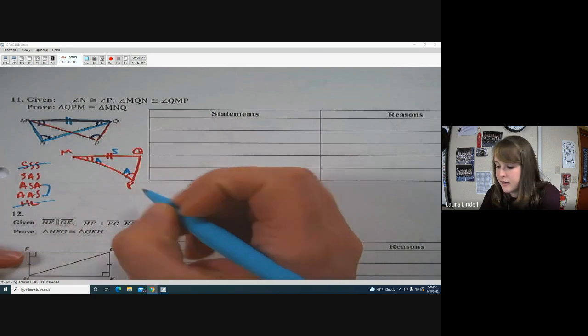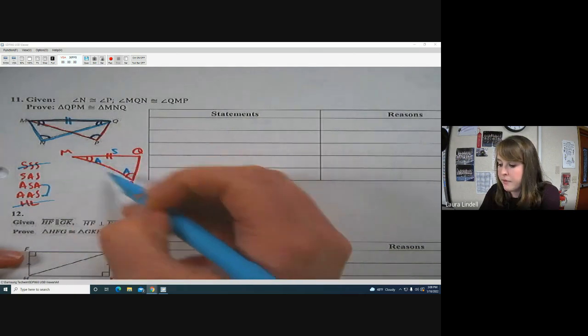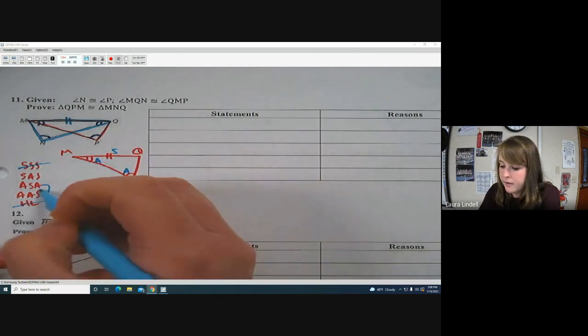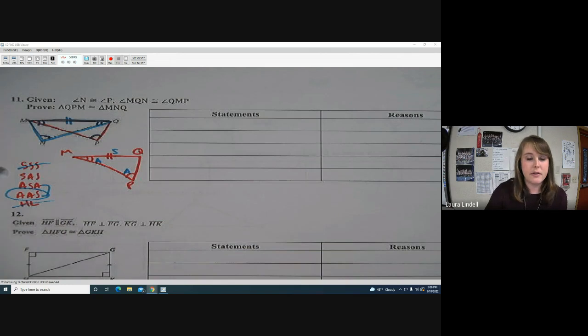In this case, it does go angle, angle, side, because the side is not between my two angles. So this is the one I'm going to use for my last step. So even before we start the proof, we can figure out that much, just using the skills that we learned earlier in this lesson. Okay, so back to our proof.